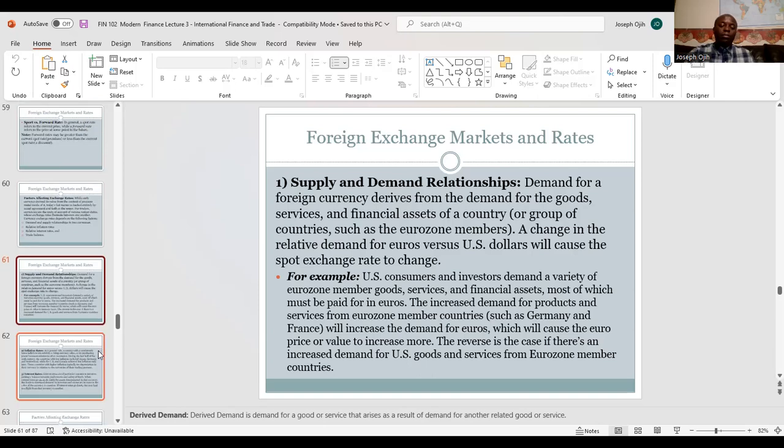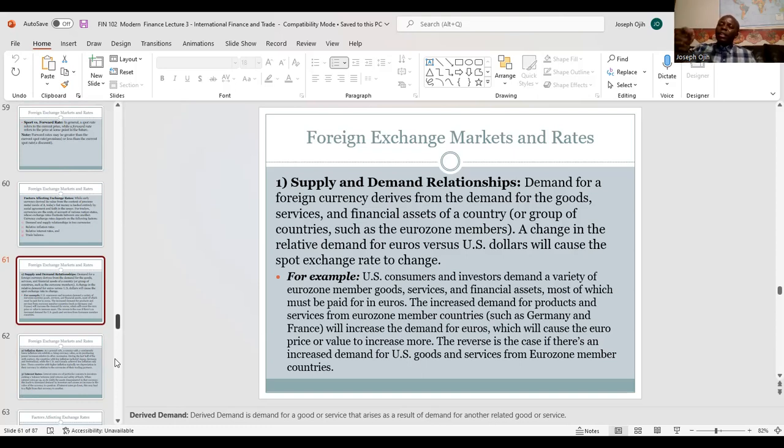Supply and demand of currency. Now, the demand for currency is a derived demand. Economists explain derived demand as the demand for a good or service that arises as a result of the demand for another related good or service.